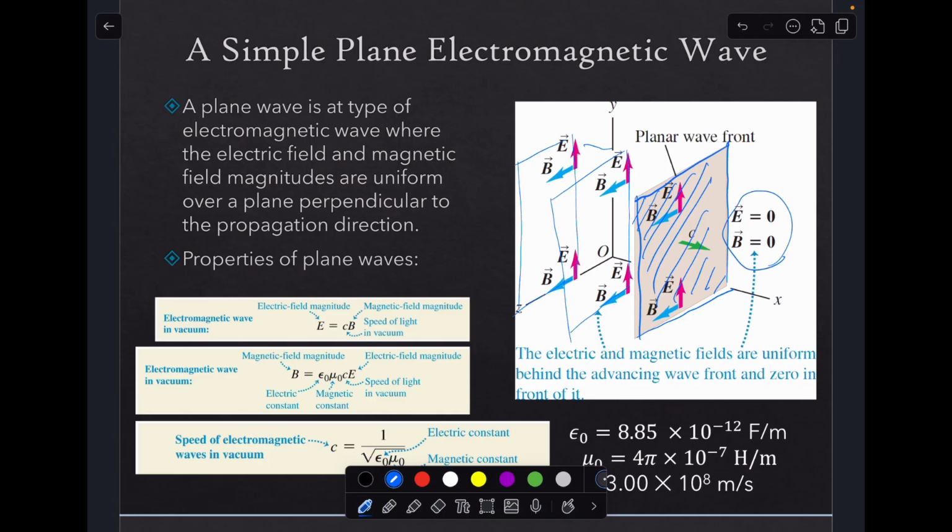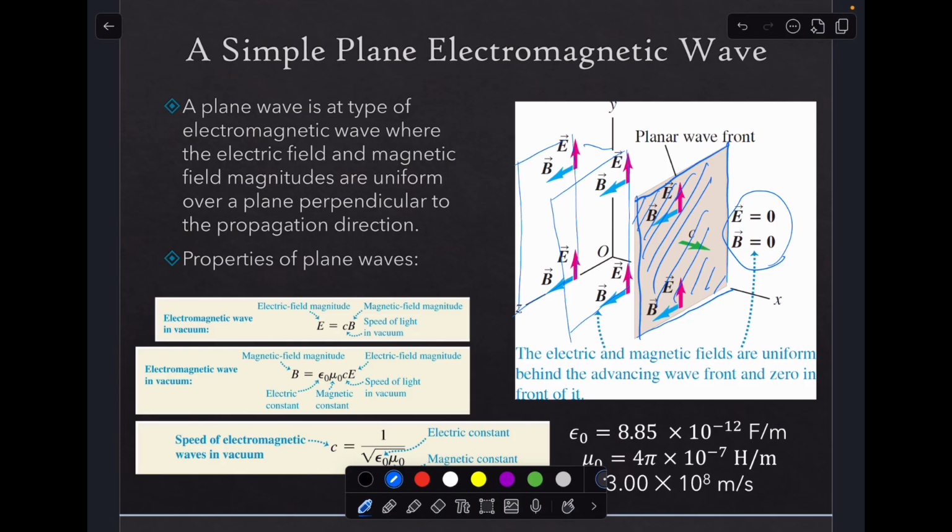Anywhere outside of the plane, the amplitudes are 0. And this is just a type of wave. It's just a wavefront. It's just a way to very simply describe an electromagnetic wave mathematically. And so here are some properties of plane waves. And it also extends into sinusoidal waves as well.